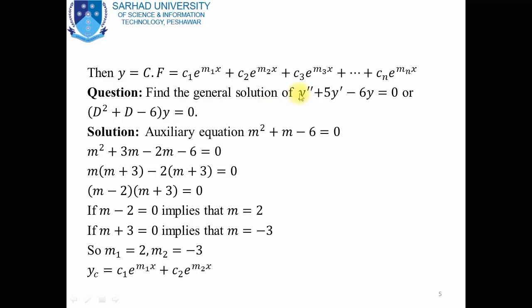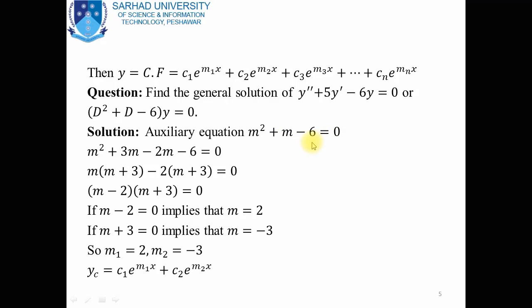D squared means the second order derivative with respect to x, and D means the first order derivative, taking y common. Now the auxiliary equation will be m squared plus m minus 6 is equal to 0.